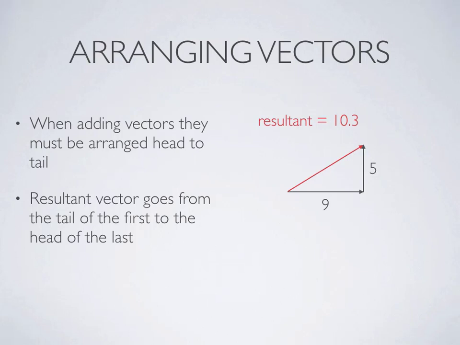But remember that vectors not only have a magnitude, they also have a direction. So we need to be able to describe exactly what direction this is. Now, before we do that, I want to point out one other thing. When I added these 2 vectors, the 9 and the 5, to come up with that resultant of 10.3 blocks, notice I could have done it the other way.